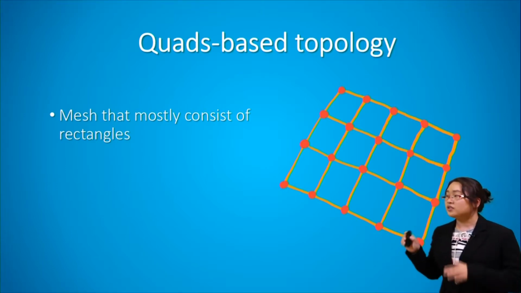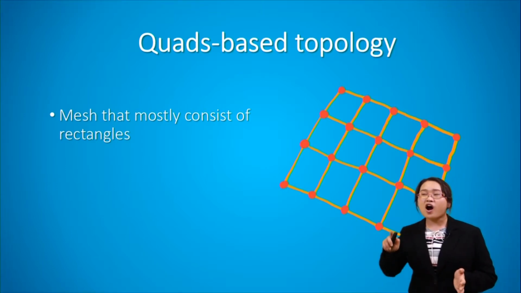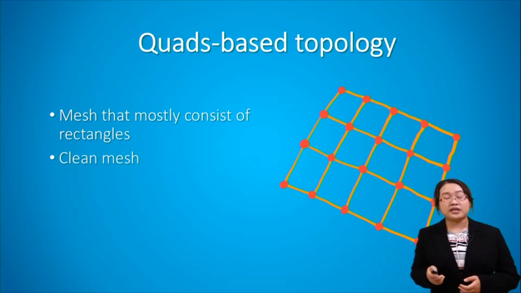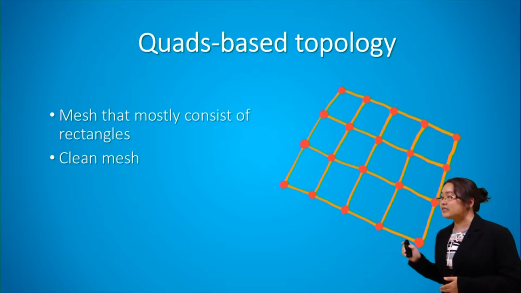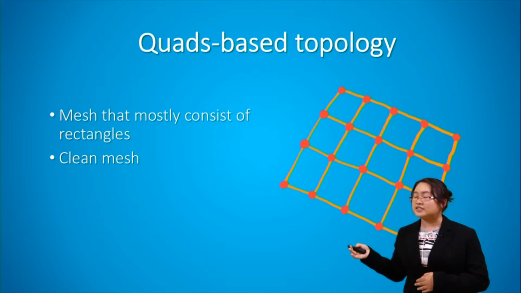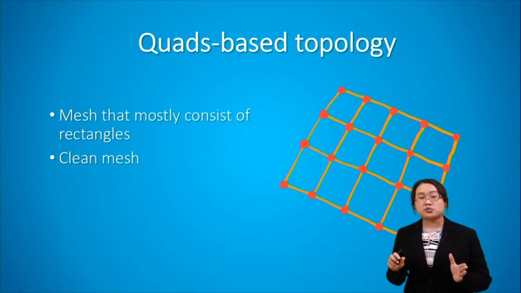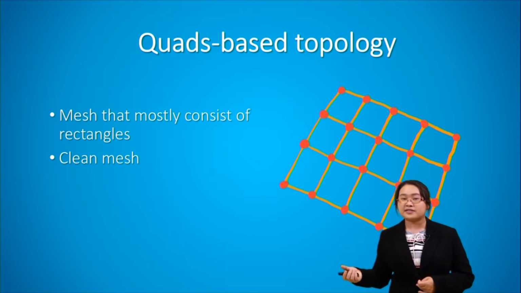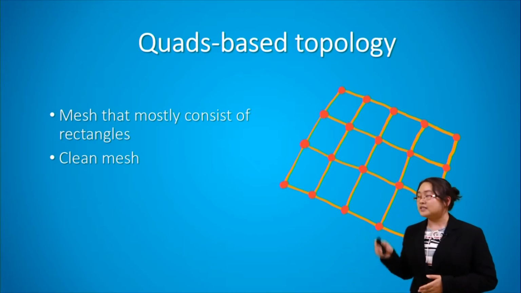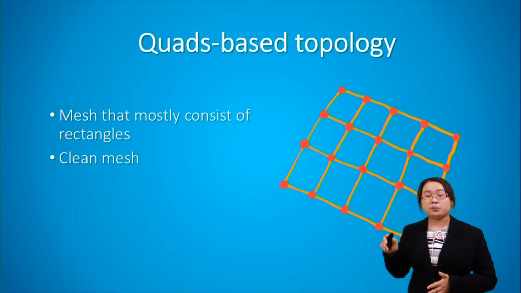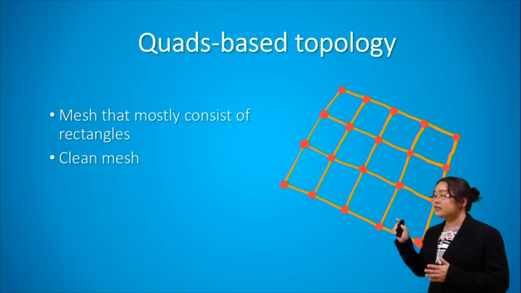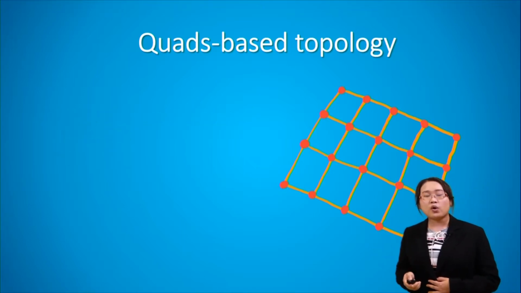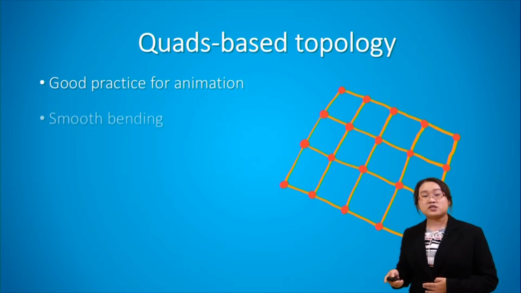Then let's see the quad-based topology. Quad-based topology means the topology consists of almost all rectangles, and this is the best topology for computer animation. We consider it a clean mesh because with quad-based topology, we can apply a lot of tools in computer animation software, not only Blender, but all software. The tools are, for example, subdivision surface, loop cut and slice, those kinds of things, that will work only with quad-based topology.